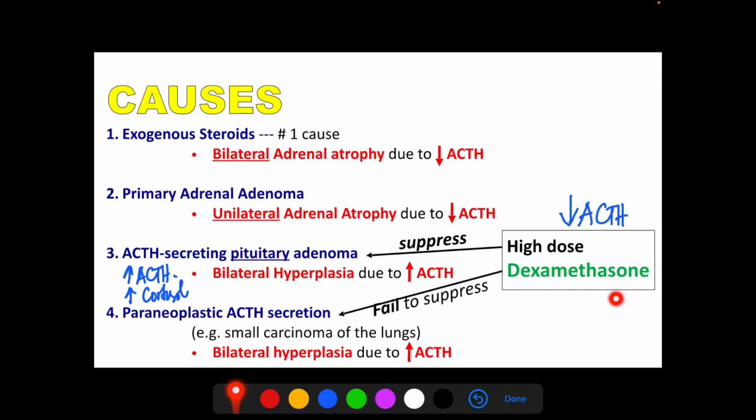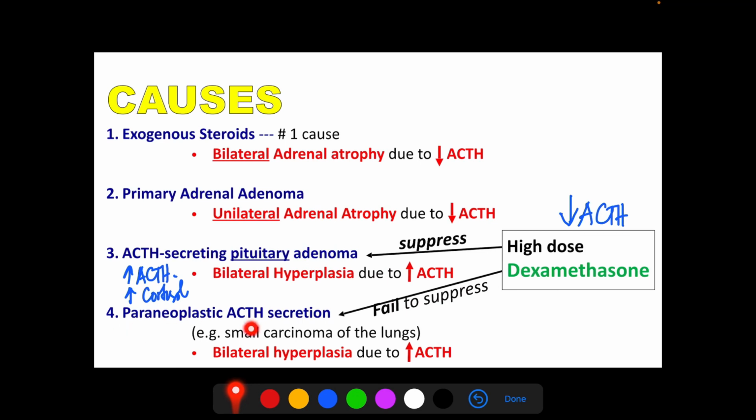That increased cortisol level because of dexamethasone will send a negative feedback to the pituitary gland to decrease the ACTH production. That's why this pituitary adenoma will result in suppression of ACTH, or suppression of the pituitary gland in producing ACTH.